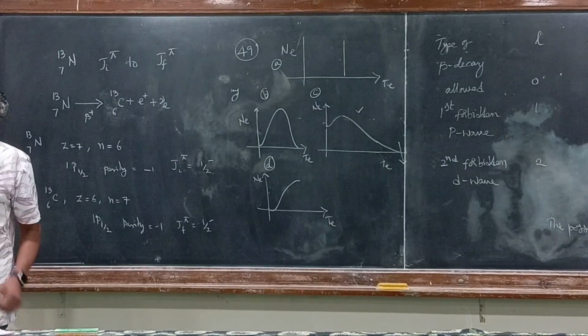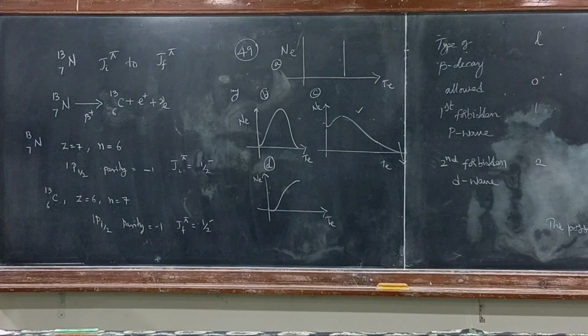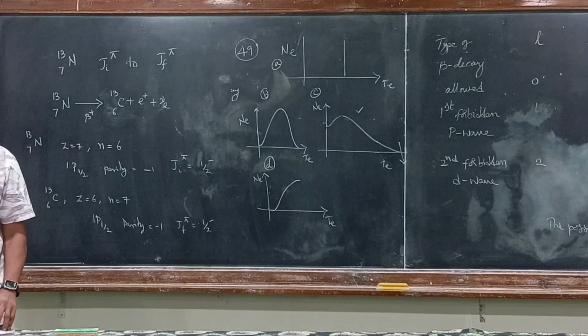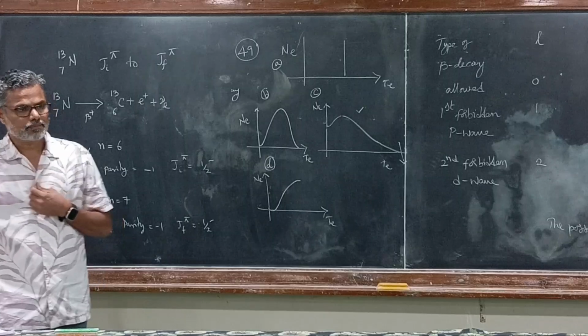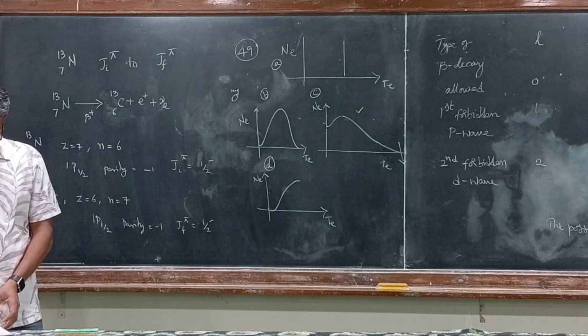So both of them are 1 by 2 minus. So that means it's a, what kind of transition? First forbidden. So what are the possible values?